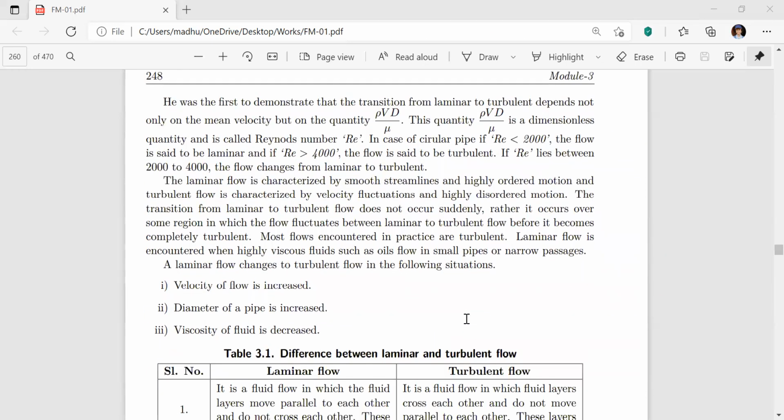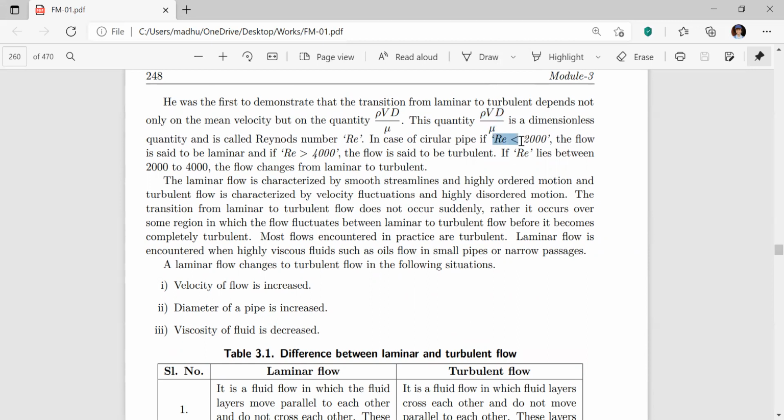What he demonstrated is that the laminar to turbulent flow transition depends only on the mean velocity and the quantity rho Vd by mu. This rho Vd by mu is known as Reynolds number. This we have already studied. It is a dimensionless number.